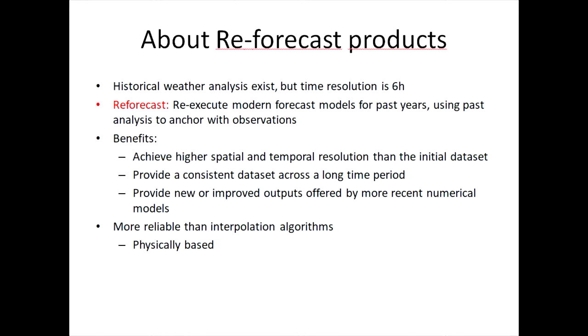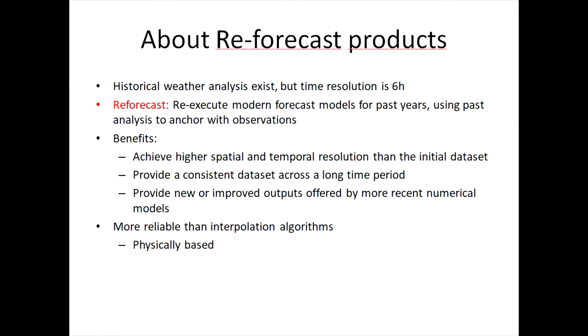So what we can do, though, is start with these analyses, which go far in the past, use our modern weather forecast model and initialize it with these past analyses, and then produce new forecasts in the past. This allows us to produce a coherent data set of forecasts.